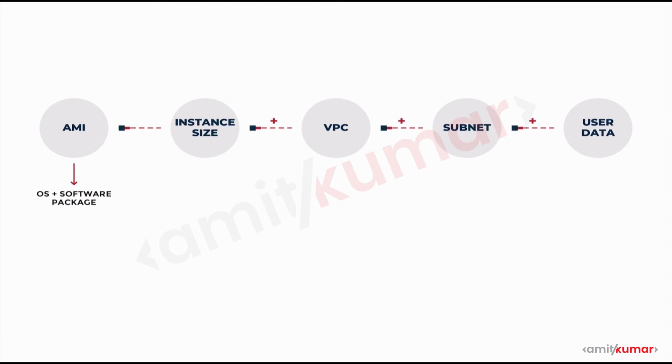Once that is done, we select the storage, that is how much storage we are going to attach with this EC2 instance and what kind of storage. And then we again come to the networking part, which is defining or creation of security groups.